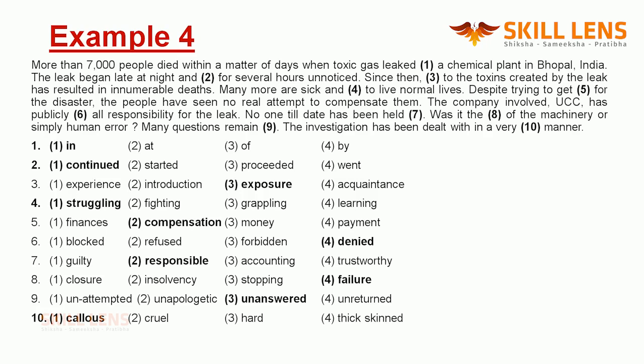A comma is used when a part of information is given. One part of information in this sentence is despite trying to get dash for the disaster. The second part is the people have seen no real attempt to compensate them. The answer for the fifth blank is compensation.